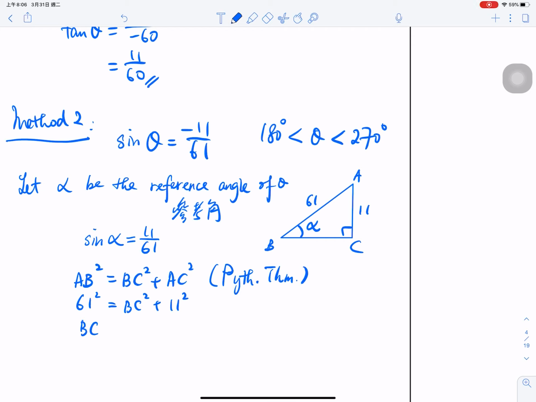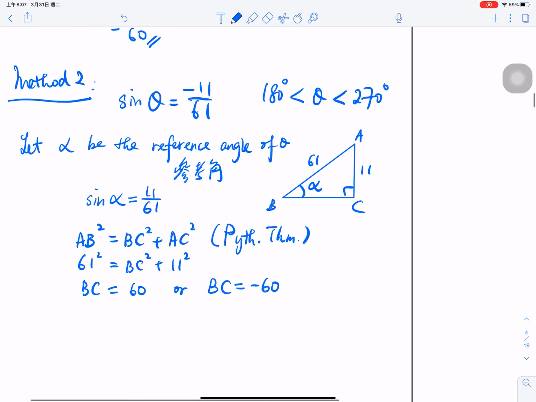Okay, so 61 squared equals BC squared plus 11 squared. So you find that BC equals 60, or BC equals negative 60. Because this time we are using a right-angled triangle, don't use the negative one.